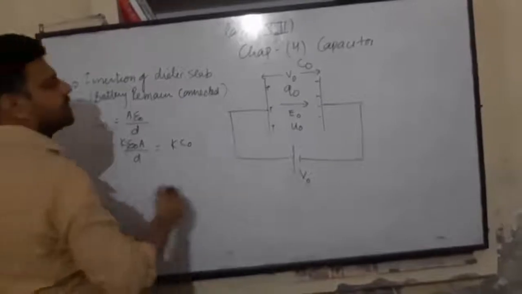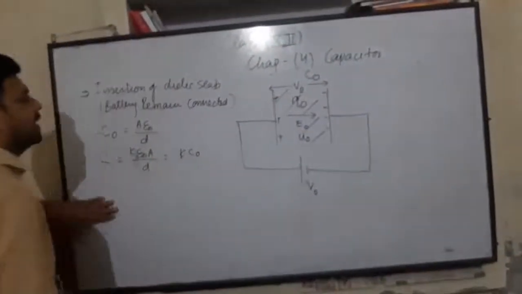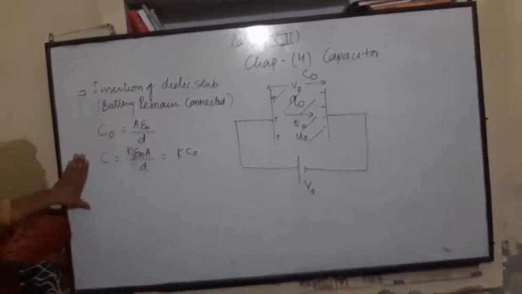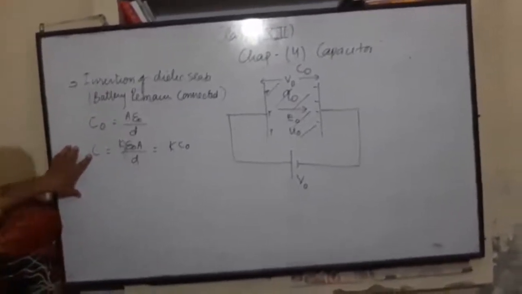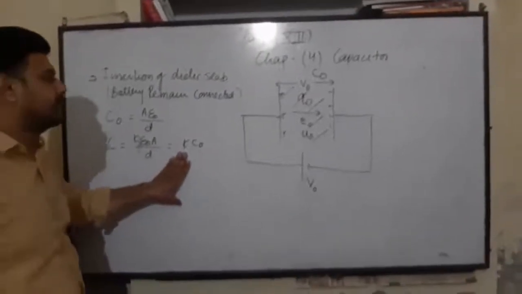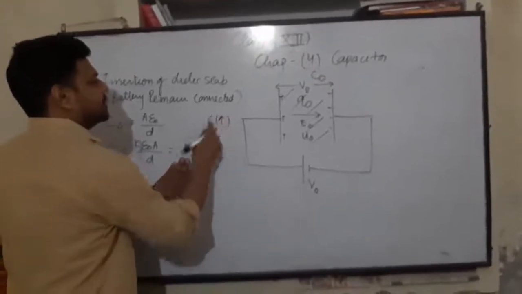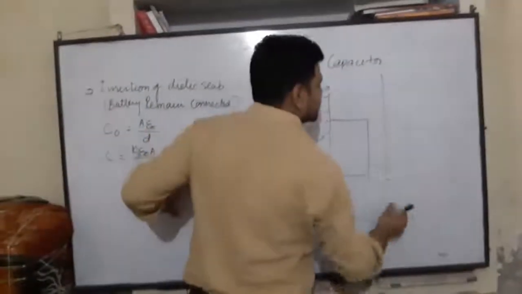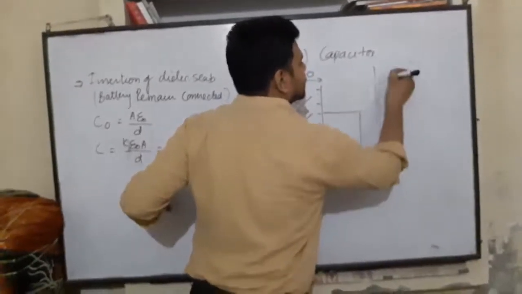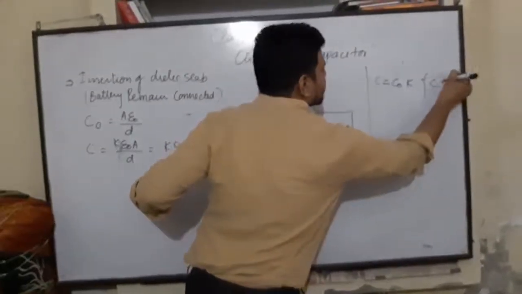So after insertion of the dielectric, while the battery is connected, the capacitance of the capacitor will be increased by K times. So in this case C is increased, C is equal to C naught K. It means C has increased.